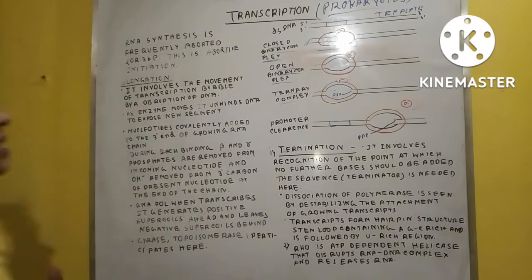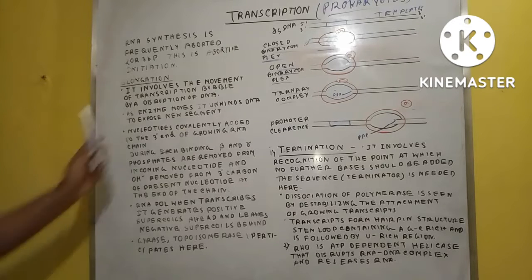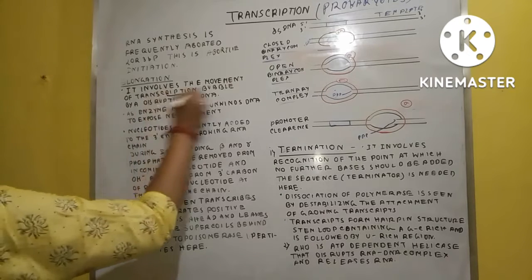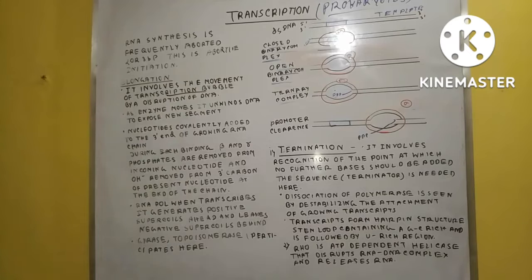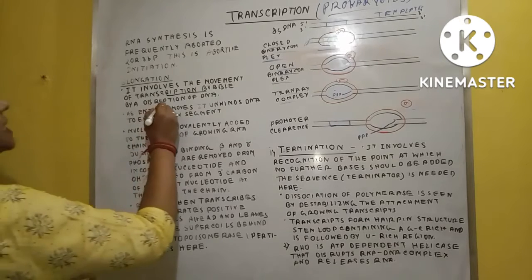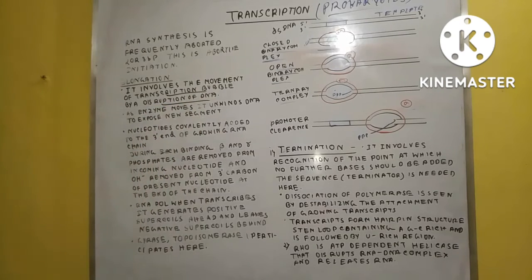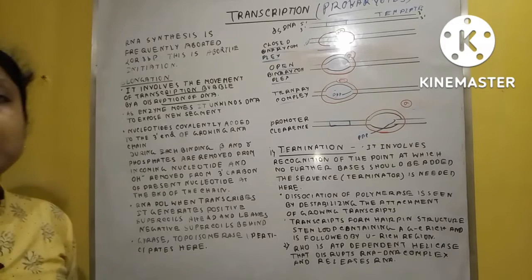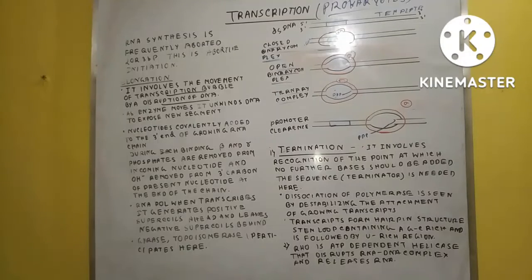Next, we learn the elongation process. What is the elongation process? It involves the movement of the transcription bubble by disruption of the DNA. The DNA template is disrupted and the mRNA is formed.